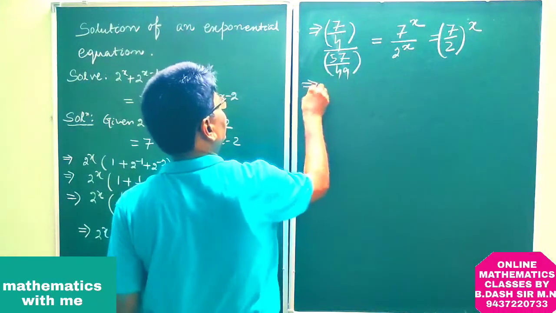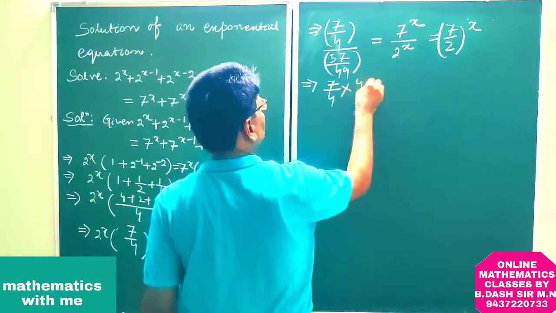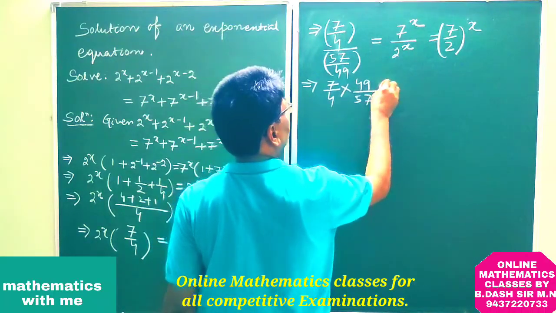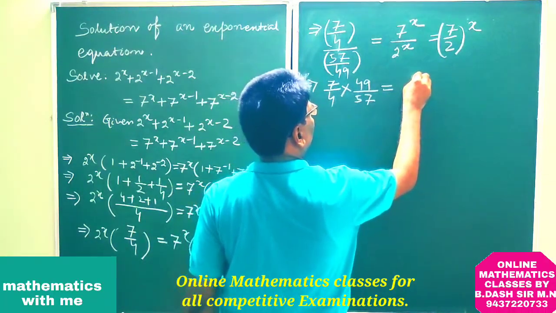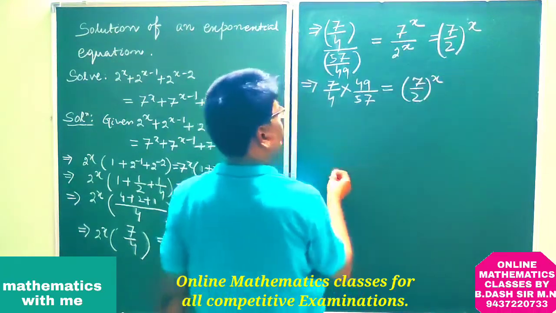This implies again 7/4 times 49/57 is equal to (7/2)^x.